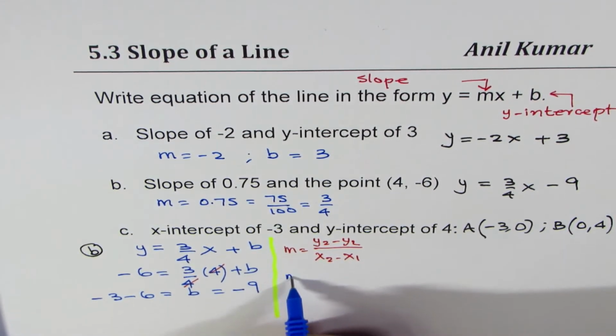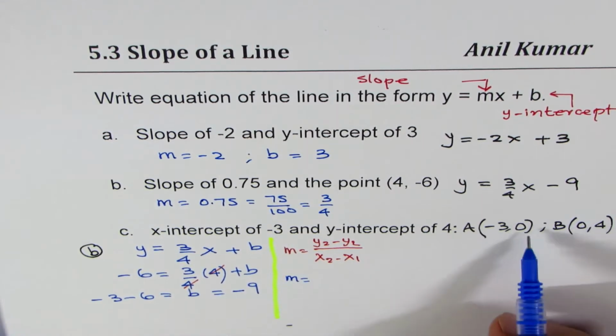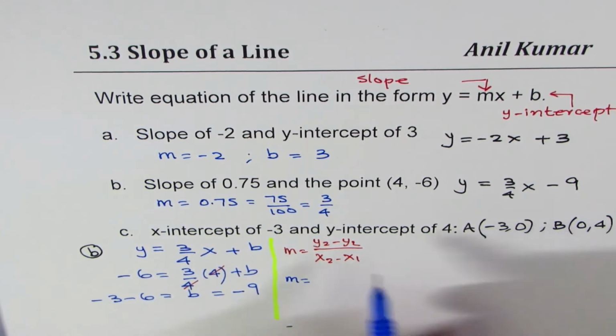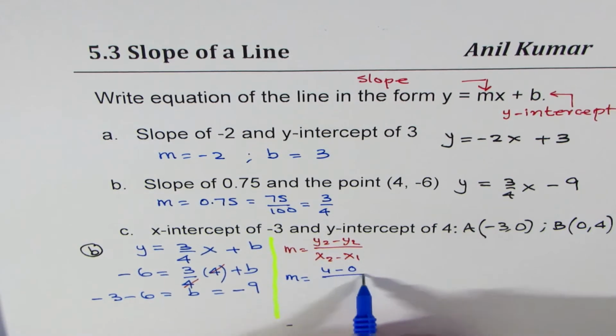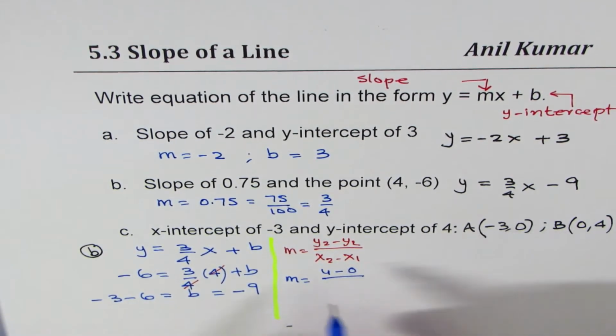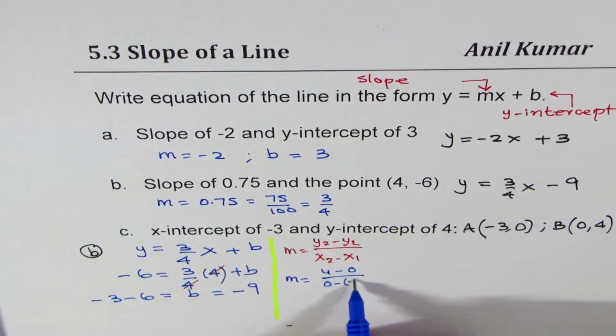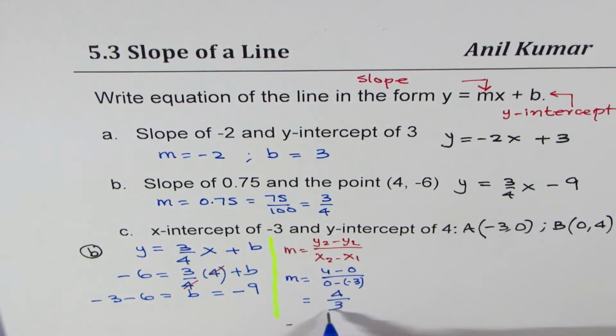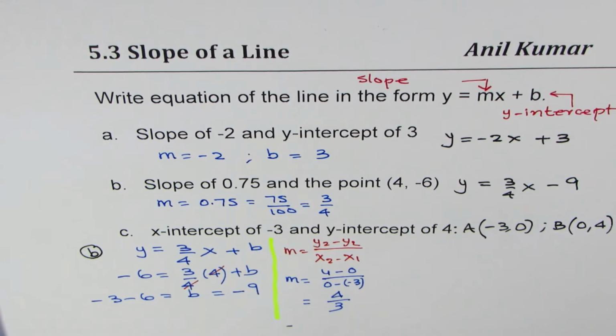Now here you get m equals 4 minus 0, that is change in y, divided by 0 minus minus 3. And that gives you a slope of 4 over 3, correct? So we get a slope of 4 over 3. You're already given the y-intercept.